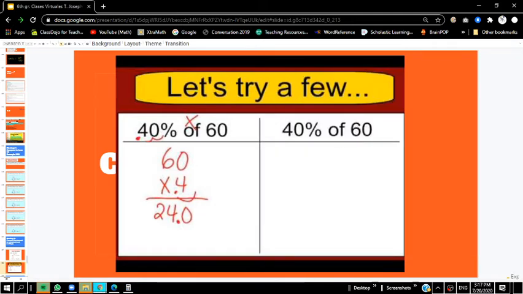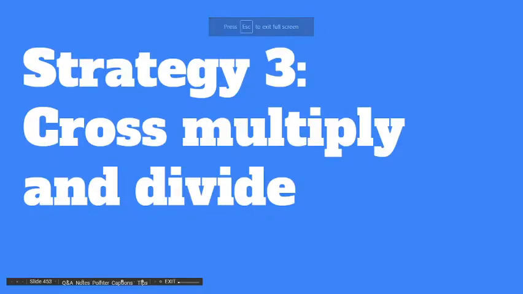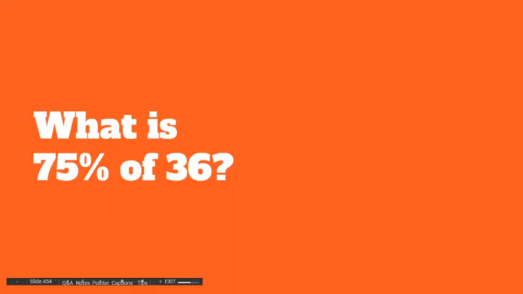Our next problem has us trying to find the percent, but this time we're going to cross multiply and divide. I think this strategy is probably the most common for students and probably the easiest to understand. For example, if we have 75% of 36, how can we figure out the percentage?